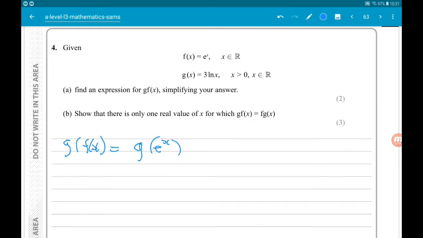So this then is just going to be 3 log e to the x. Now remember that the natural logarithm and e, or e to the x, are inverse functions to each other. So log e to the x is just x. So this is just 3x.